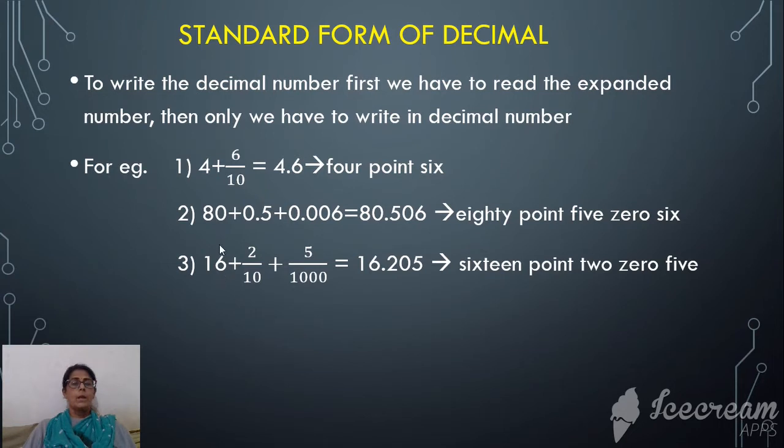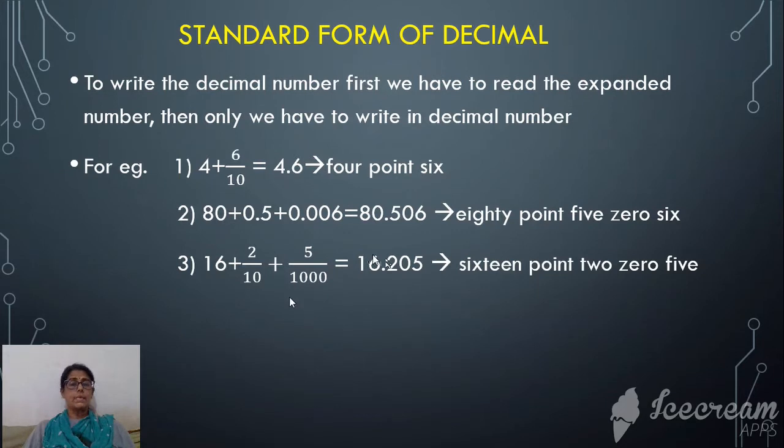Now here you check 16 plus. Here you can find 16 is a whole number. Right? Then 2 upon 10. Then 5 upon 1000. Here also you can check the hundredths place is not given. So 16 we write as it is before the decimal as 16 is the whole number. Then 2 upon 10, so 2 is in the tenths place after the decimal.